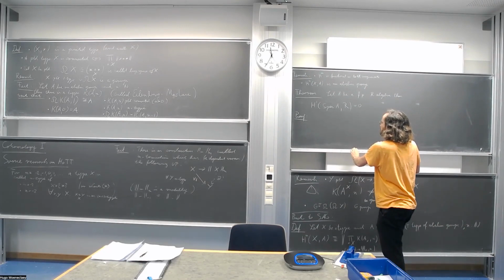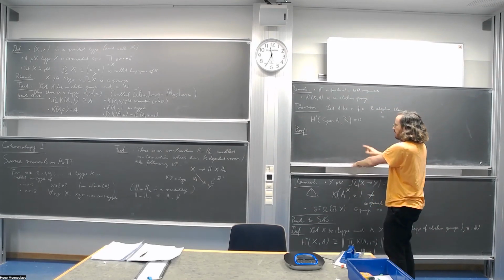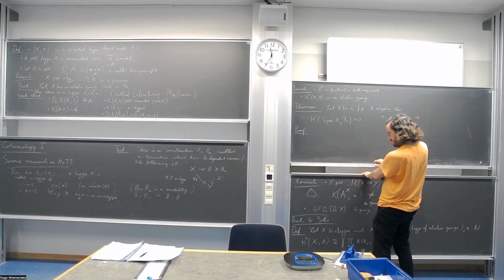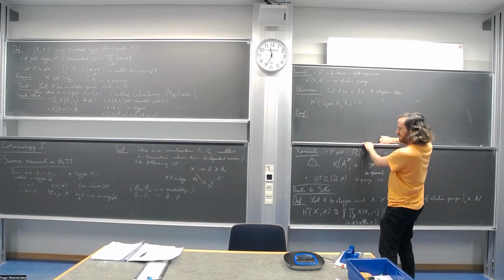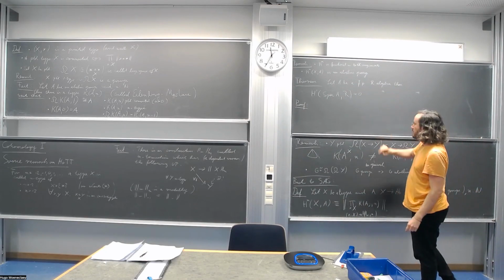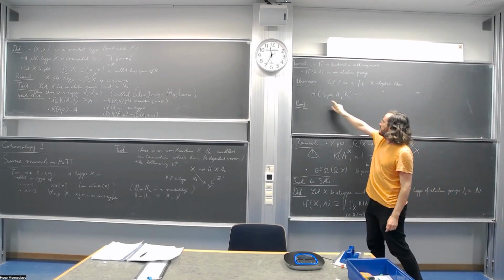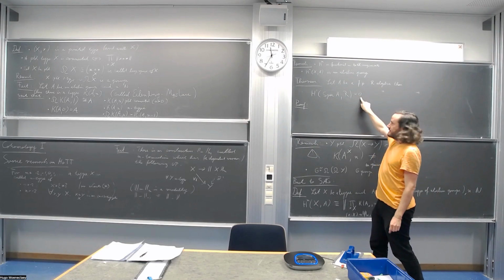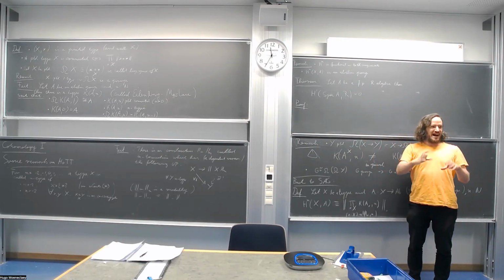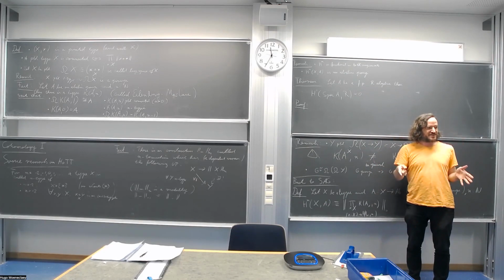Okay, so we defined this as a zero truncation of some mapping space, and we say it's zero. That means it's the one-point type after we apply the zero truncation.